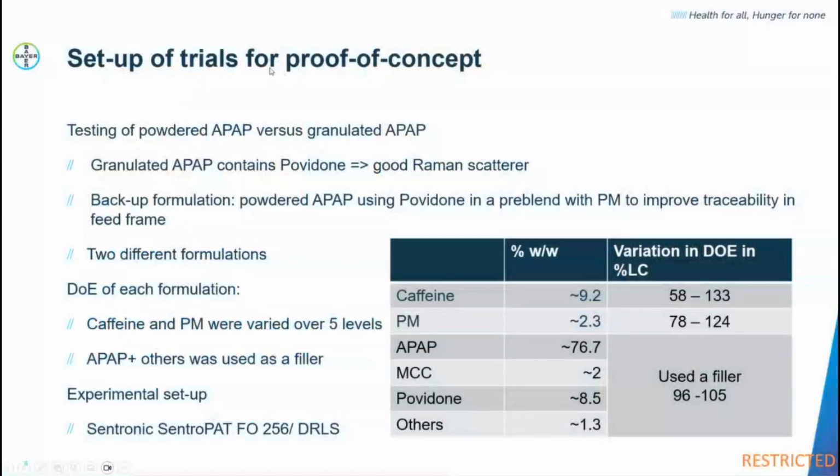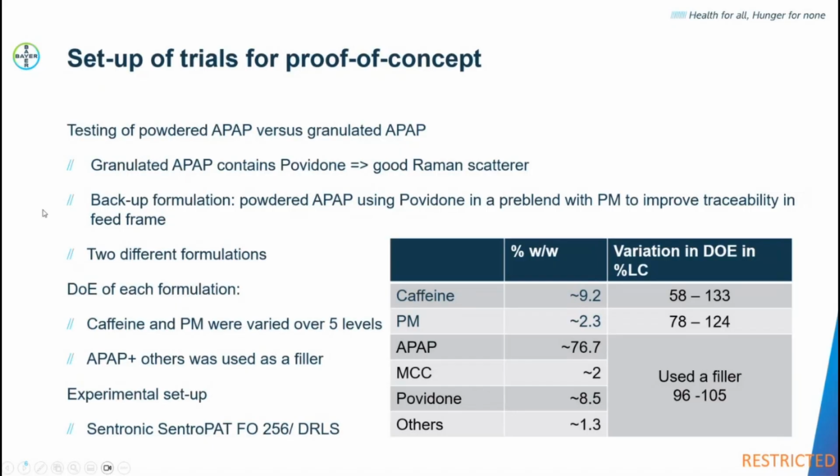So the setup of the trials for proof of concept was as follows. We were testing powdered APAP versus granulated APAP. The granulated APAP contains povidone, which is a good Raman scatterer.